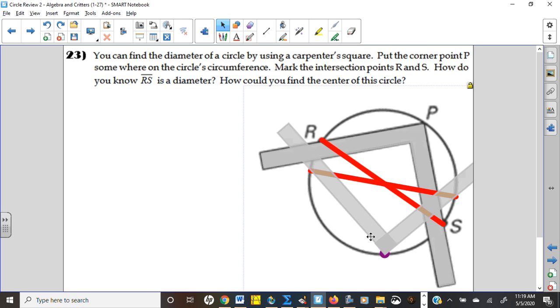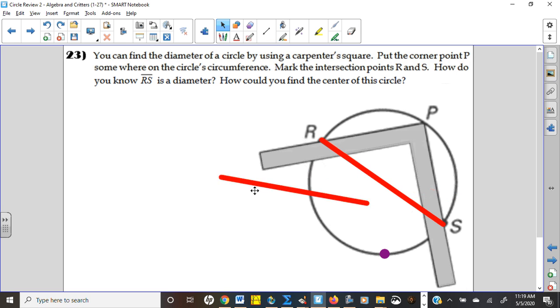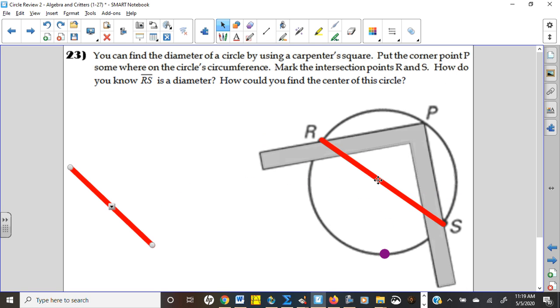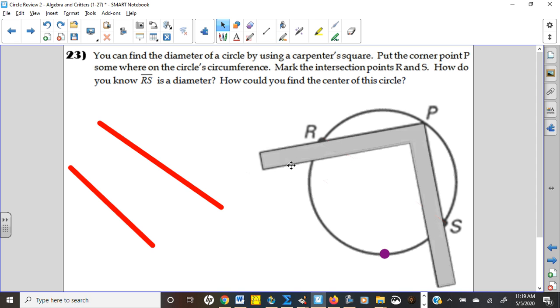And now I have two diameters. Well, that means the center has to be at the intersection, right at that point of intersection. So that's how you could find the center of the circle. It definitely has to do with the first triangle, but you need to use it twice because you need to pinpoint a single point.